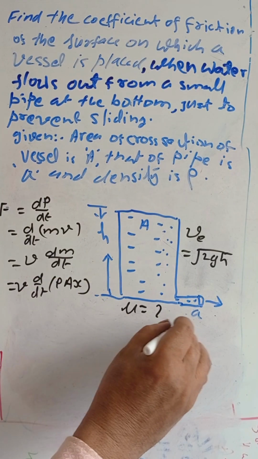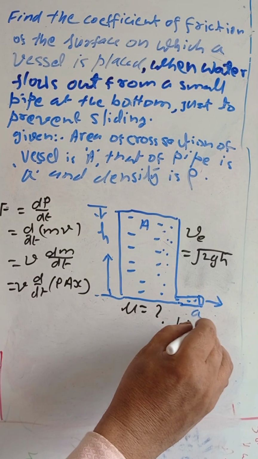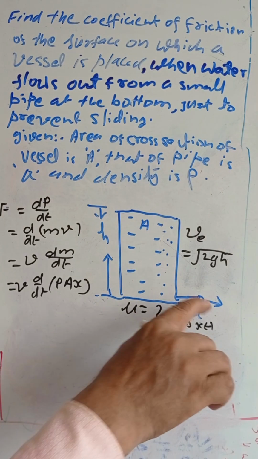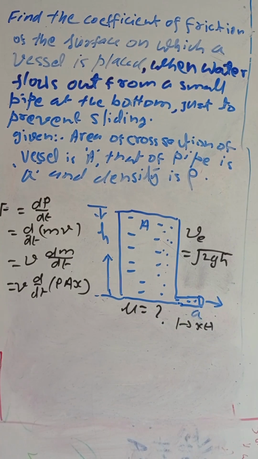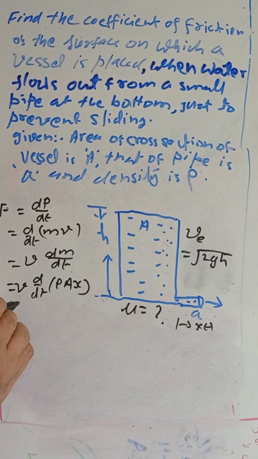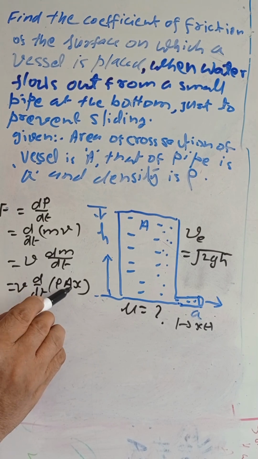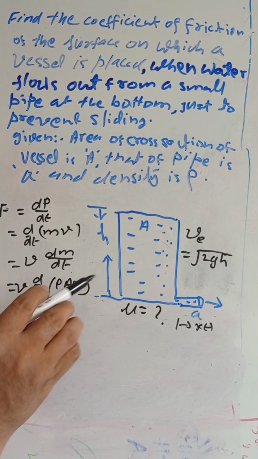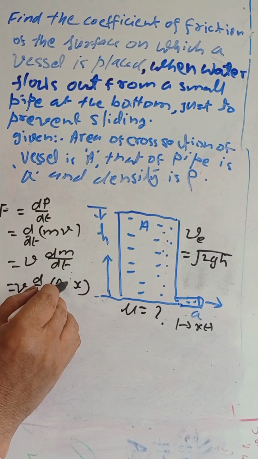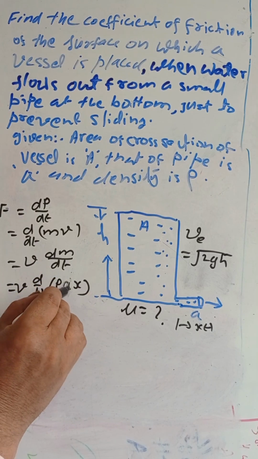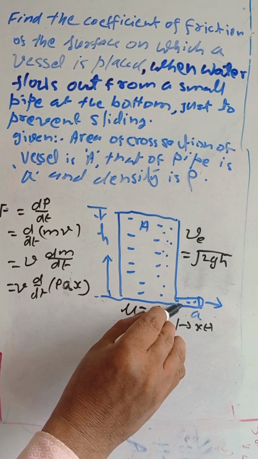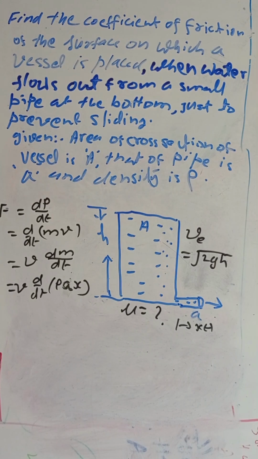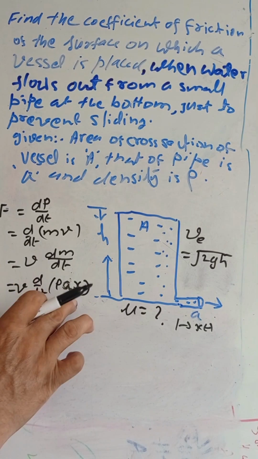See this, let us say the water moves a distance x in this outlet, from here to here. So we can say density into volume. The volume of this small pipe, with area of cross section small a, into the length of that pipe x, will give me the volume. So this gives me the mass.